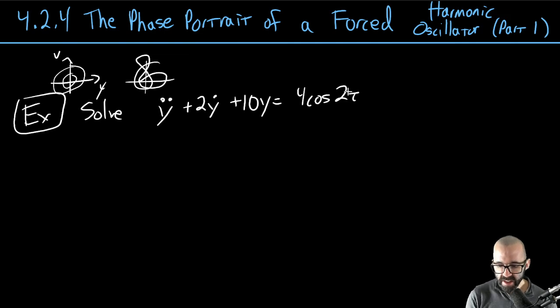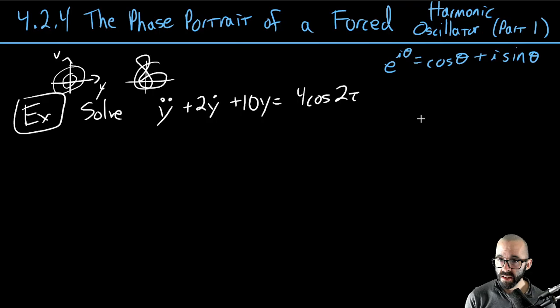Something else I notice is that our right-hand side, our forcing function, is a cosine. Euler's formula, if you remember, e to the i theta is cosine of theta plus i sine of theta. Similarly, we showed that a complex valued function is always going to be a real valued function plus i times the imaginary part, which is also real, of that function.